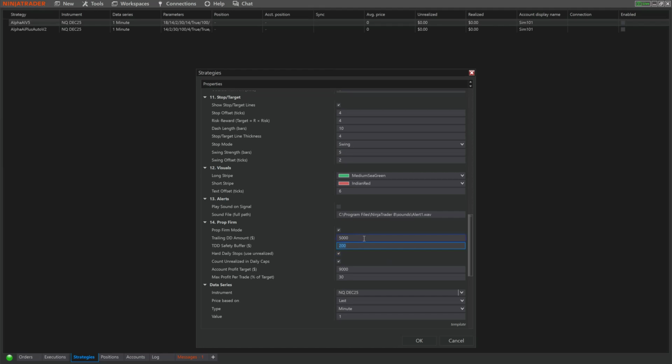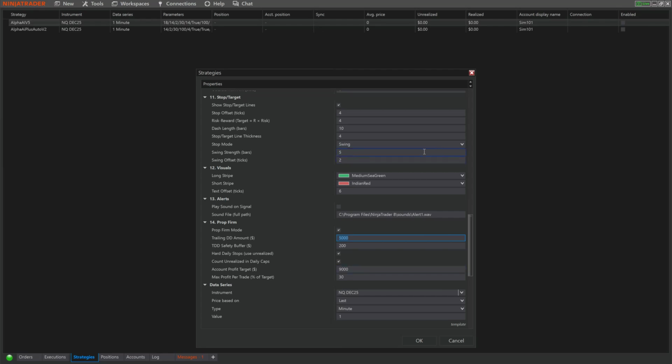Same with the drawdown. Let's say your drawdown for the day, for the whole account, whatever, is $5,000. During the day, it will actually calculate your drawdown live using the unrealized profit.